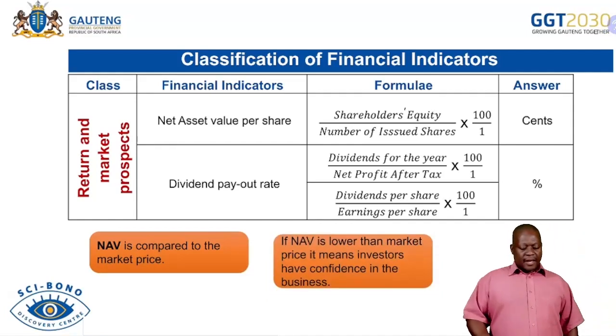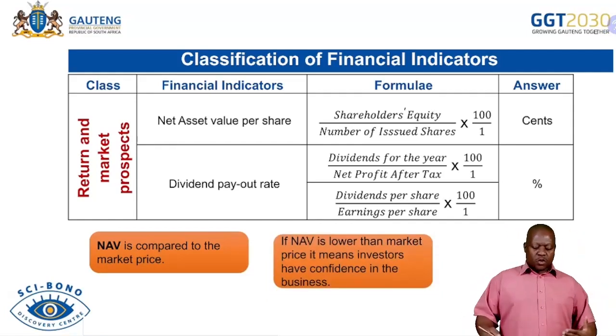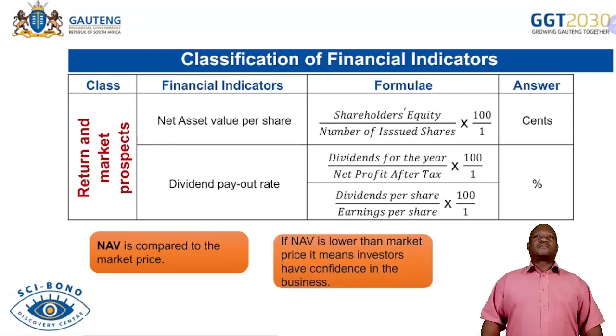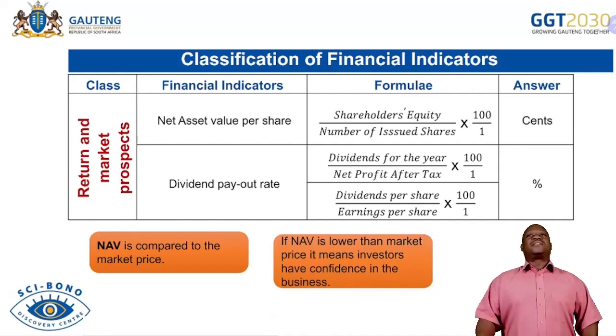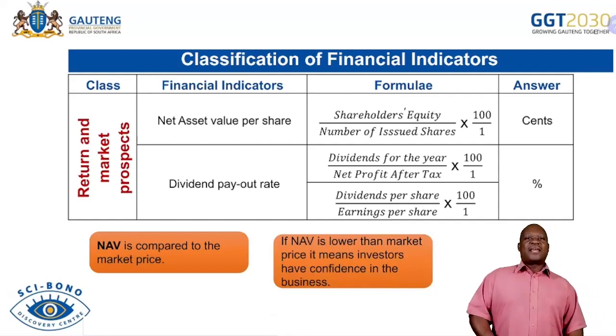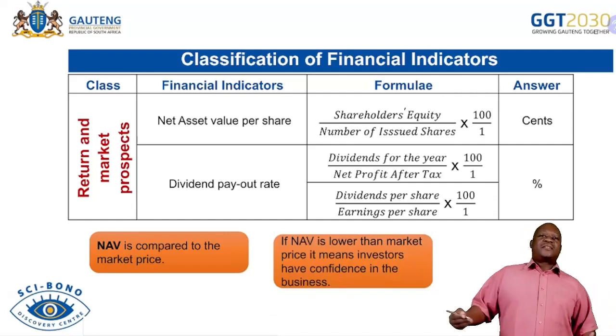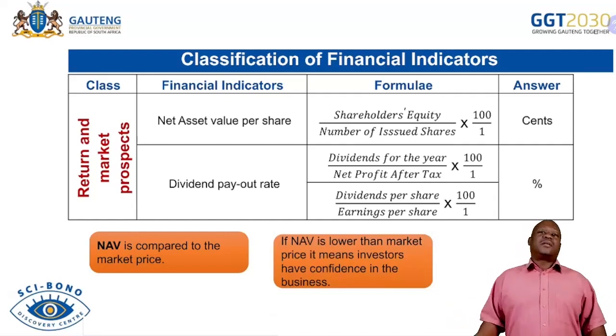And then, if the net asset value is lower than the market price, it means investors have confidence in the business, because the market price is what investors are prepared to pay. So if they are prepared to pay more than the actual value of the shares, we are in gold here.